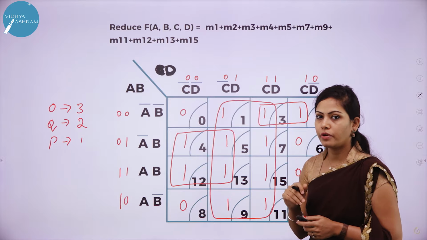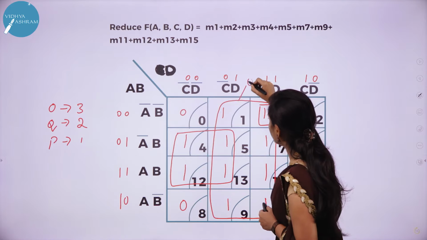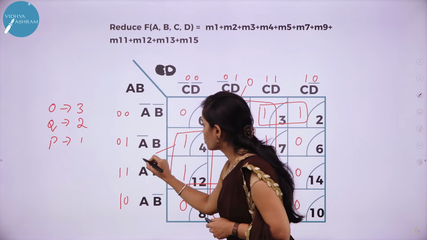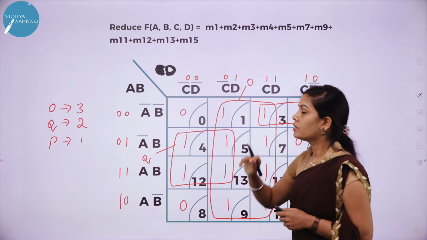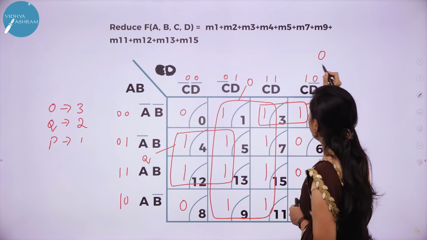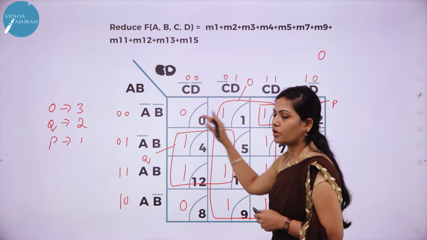Now how to simplify, how to construct the expressions. So this is the octet, this is the quad and this is the pair. First I will write the expression for the octet. In the octet, first you have to check the columns and rows.